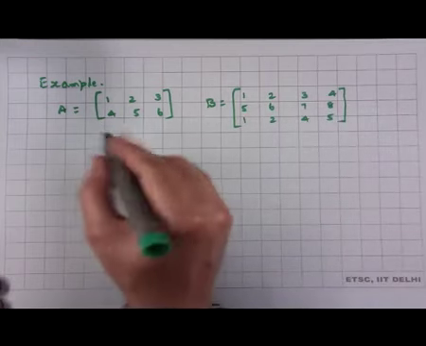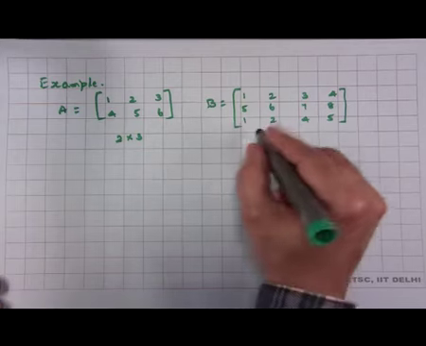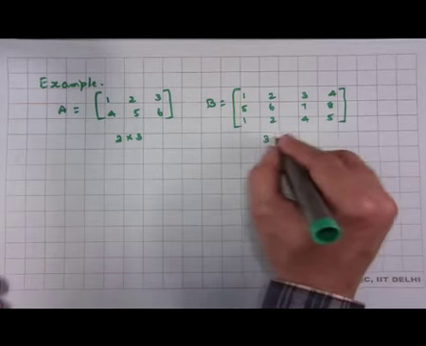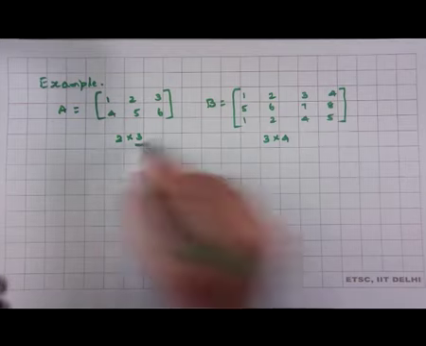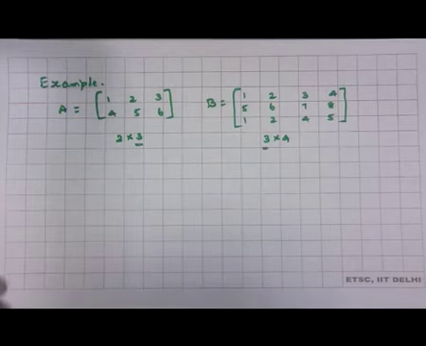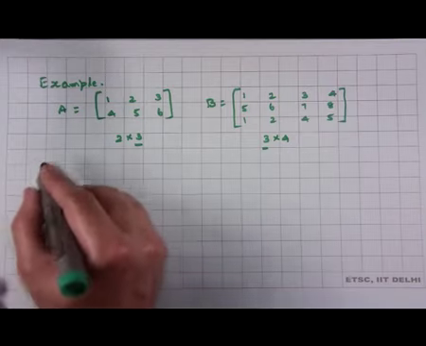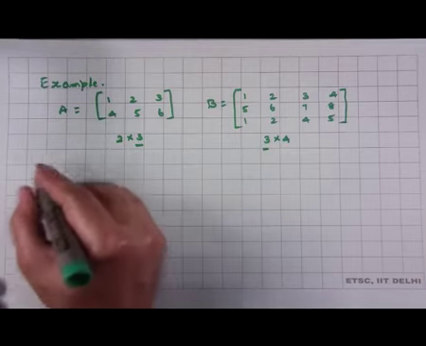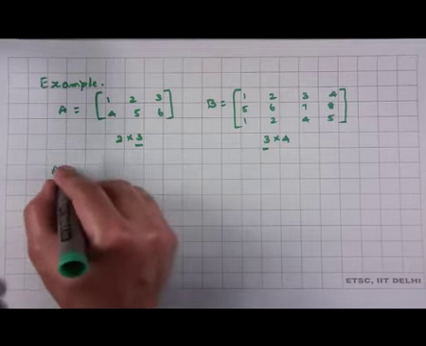So, the first one, A, is a matrix of order 2 by 3, and B is a matrix of order 3 by 4. These two numbers match, therefore they are compatible for multiplying. Therefore, the resulting matrix is a 2 by 4 matrix, so let us try to calculate AB.